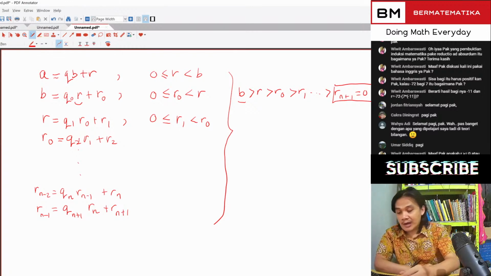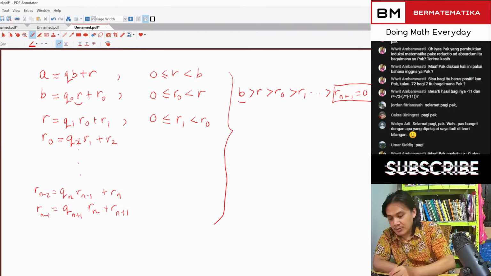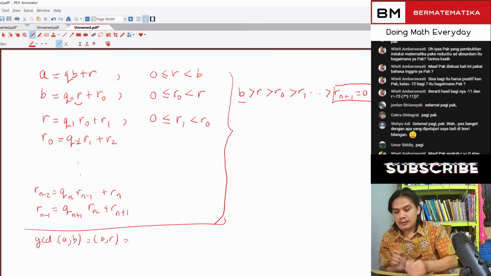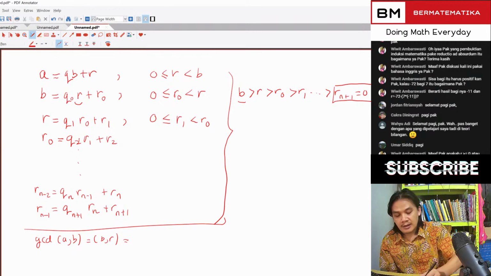So according to our algorithm, our lemma above, the GCD of A and B is the same as the GCD of B and R. And then the GCD of this and this will be the same as the GCD of R and R0, equal to the GCD of R0 and R1, and so on, right?